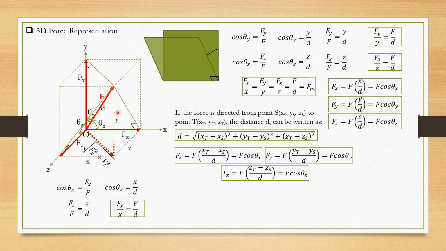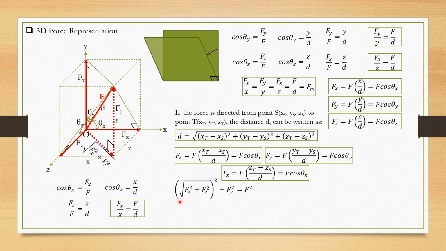Since this vertical component is Fy, we form another right triangle with a hypotenuse equal to the force F, and this angle here is 90 degrees, so that F square is the square root of Fx square plus Fz square quantity squared, plus Fy square.